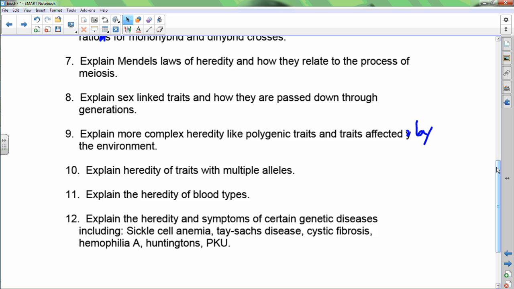But then we talked about actual epigenetics and the fact that we're finding out now that the things that you do in your life can actually change your genes slightly, and that those changes can be passed on to your offspring.